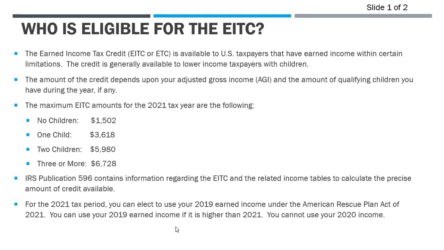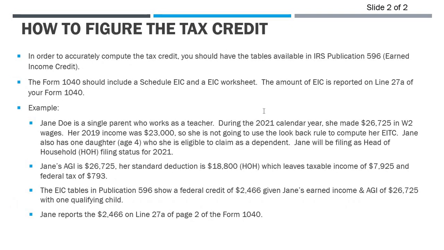But when it comes to computing the credit, you can use your 2019 earned income. Now, it has to be higher, right? So you can only use 2019 if it's higher than 2021, and you can't use 2020. So you skip over 2020 and look at 2019 only if you're electing to use this look back period. Okay? Okay, so next slide.